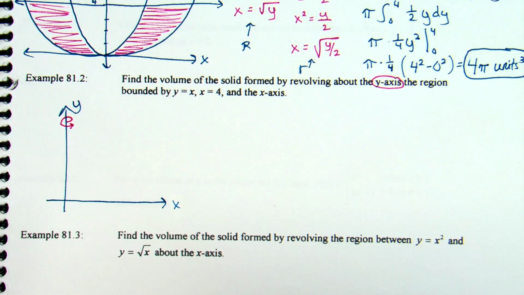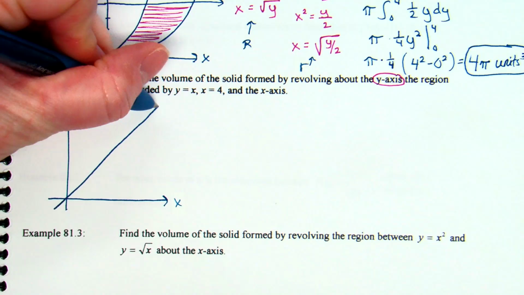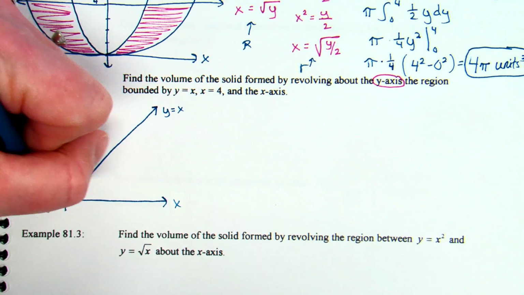Okay, y equals x. What's the line y equals x? Diagonal line, right? It goes through 0, 0, 1, 1, 2, 2, 3, 3, 4, 4. Okay, what's the line x equals 4?